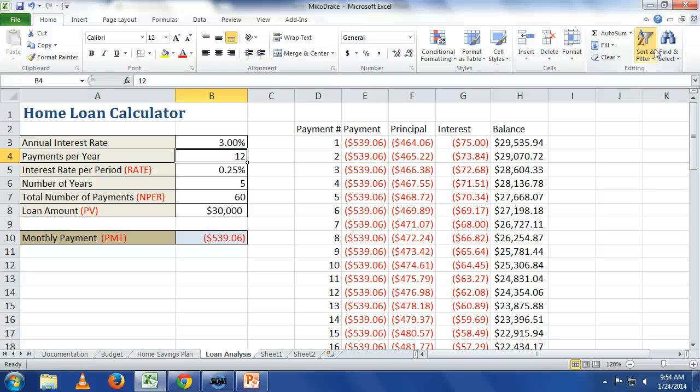Six figures for sure. Sometimes the same as their purchase price. These are decisions that can make your life a lot better, make your retirement a lot better, if you just understand these concepts, time value of money.